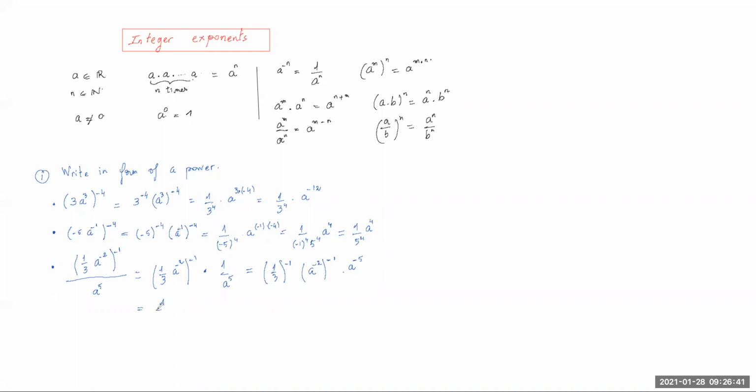It's 1 over, okay, minus 1, it's 1 over the quantity. So it's 1 over 1 over 3. Okay. And here then, you have the product A minus 2 times minus 1. And here A minus 5. Okay. And now here you will get 3. It's like you are dividing 1 over 1.